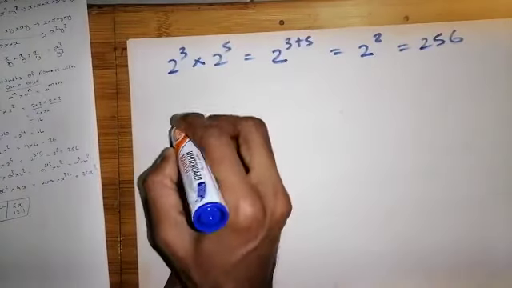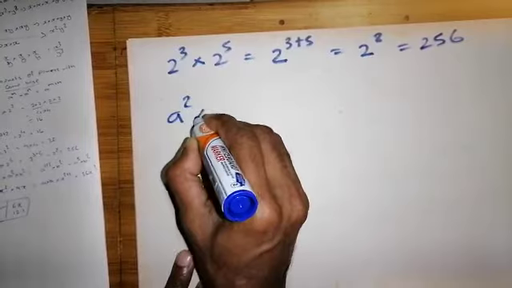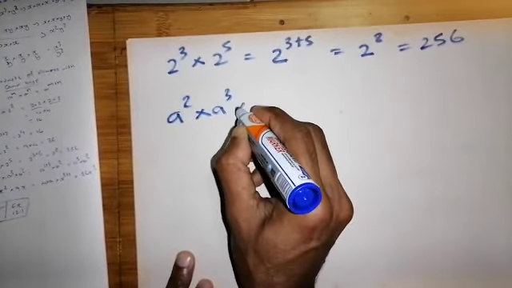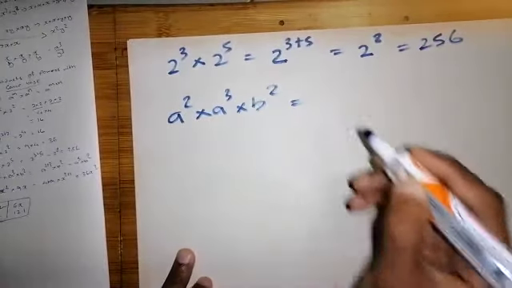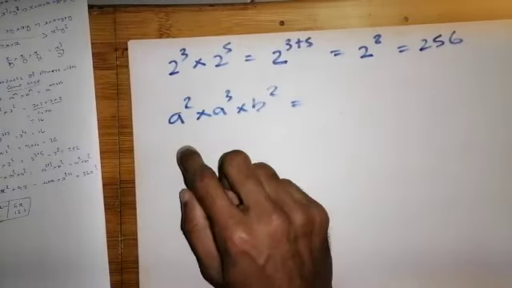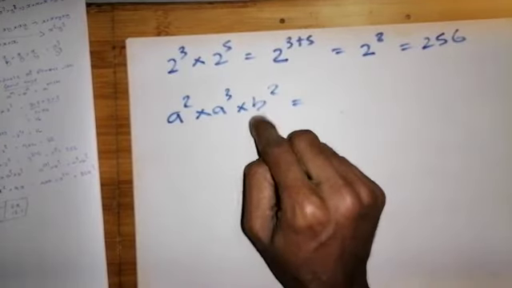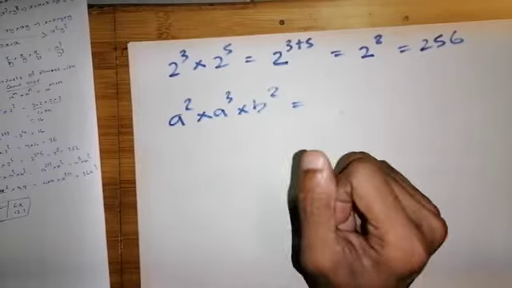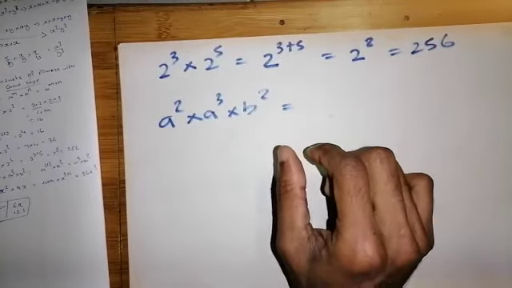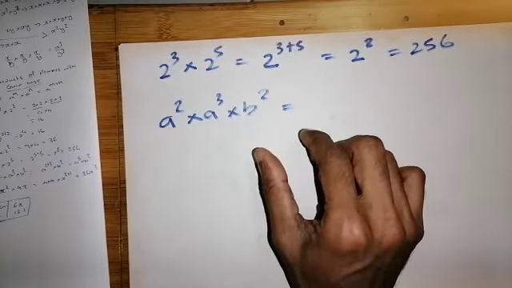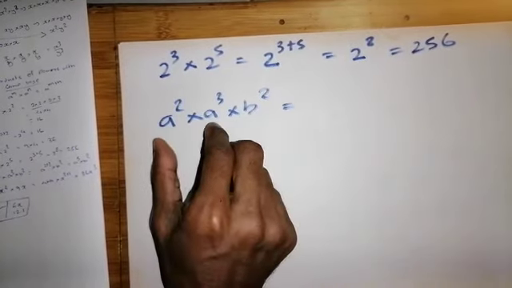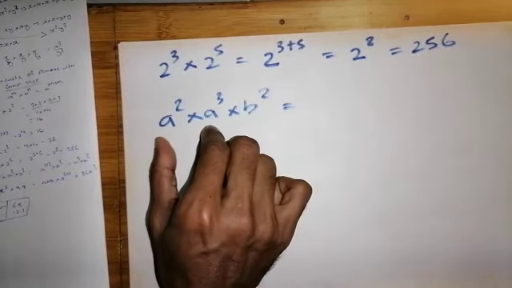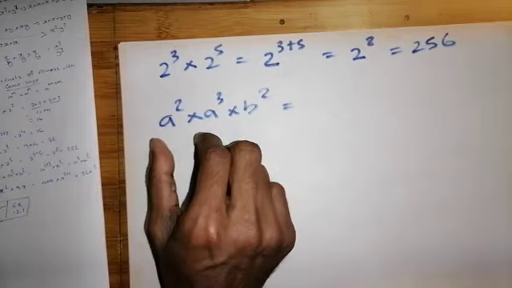So we'll take another example. a squared into a to the power 3 into b squared. Simplify it. We can use the first law for the same base. So we have a; only for a can we use this law.